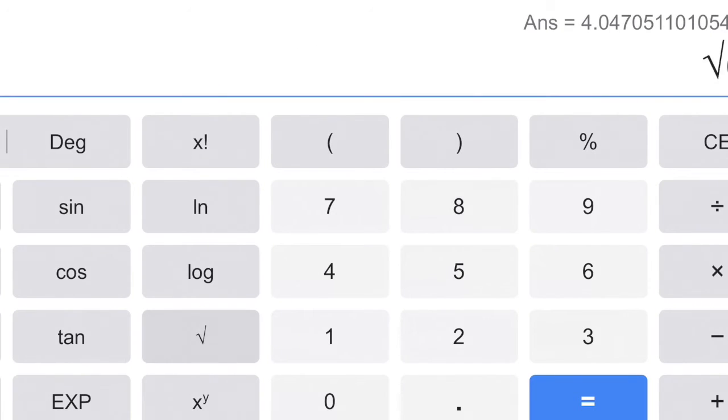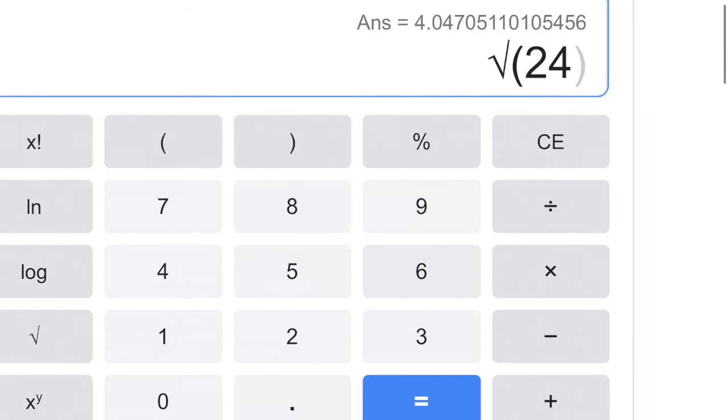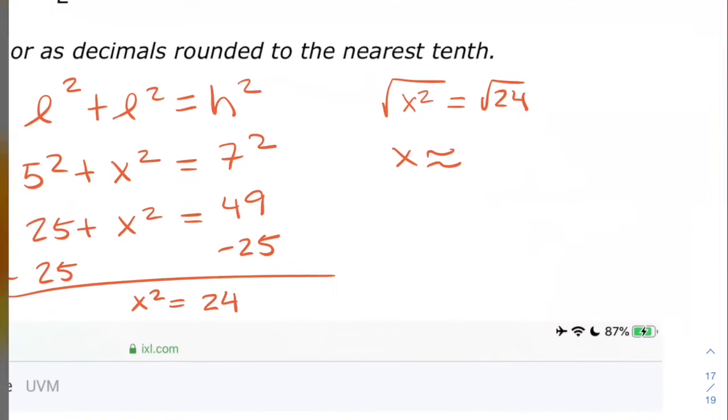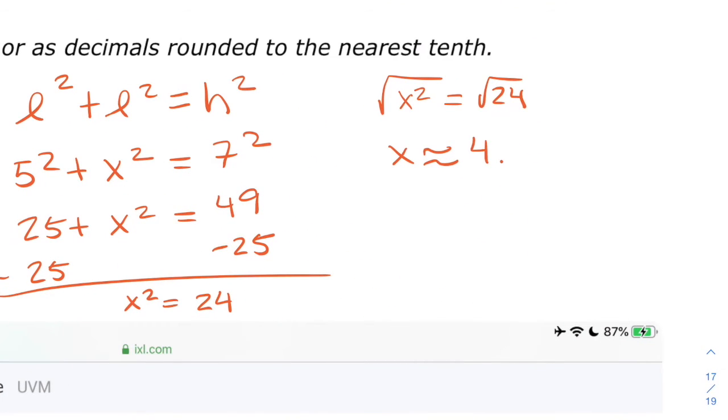Now it's weird that in the trig unit we would be using the Pythagorean theorem, but they are connected. The square root of 24 is 4.8989. They are connected, and that's the easiest one to solve for using the Pythagorean theorem.